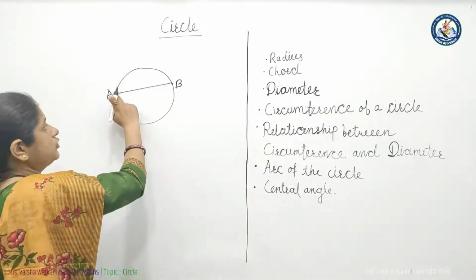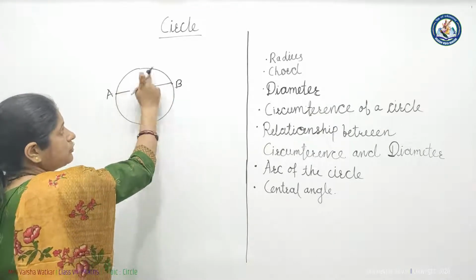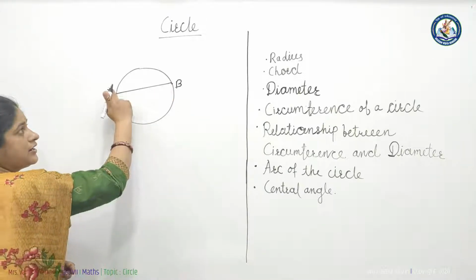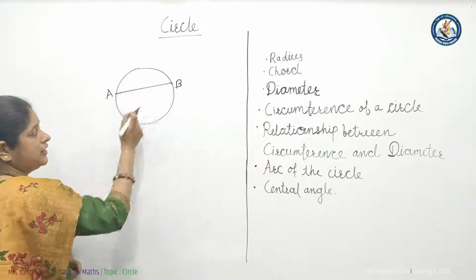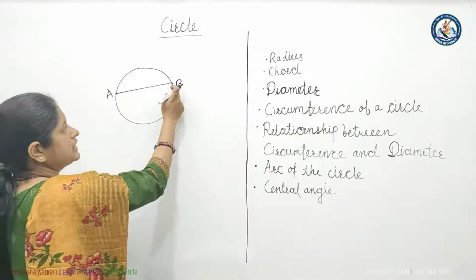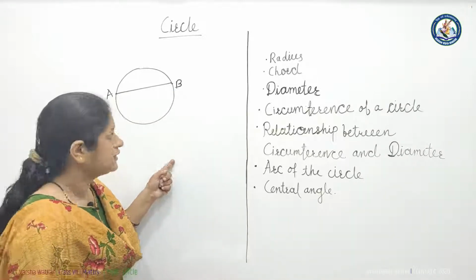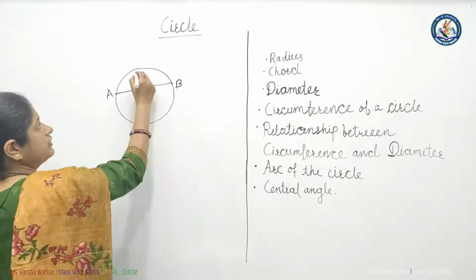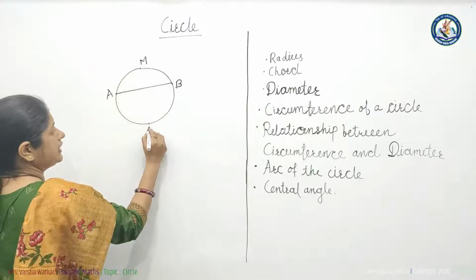So this smaller portion of the circumference AB is called the arc AB, and it is called the minor arc, and this bigger portion of the circumference AB is called the major arc. So to avoid confusion, we take one more point on each arc.